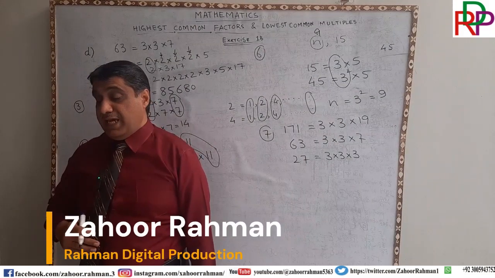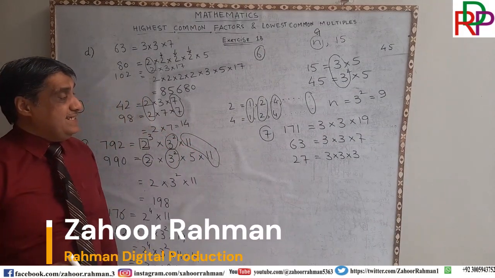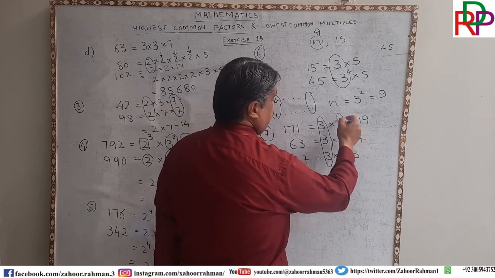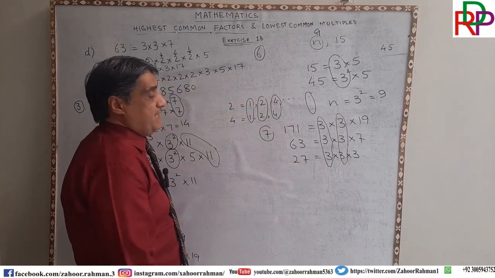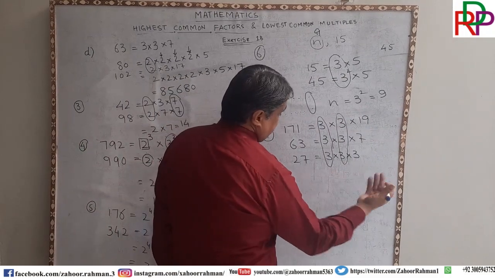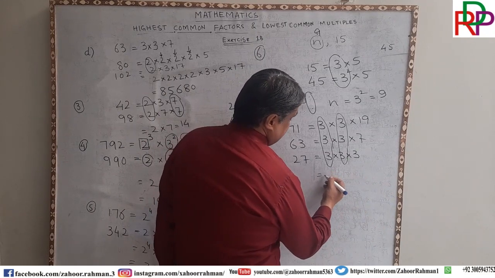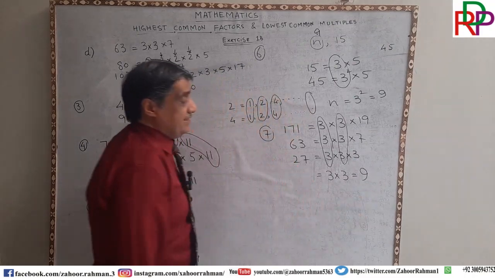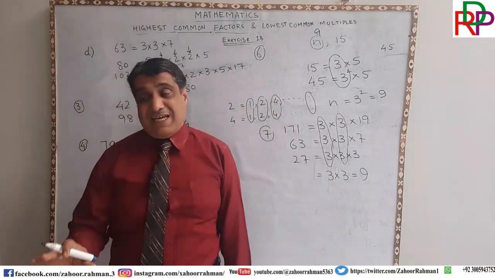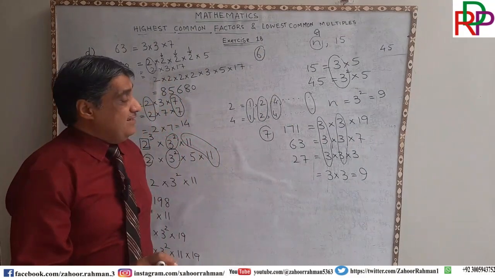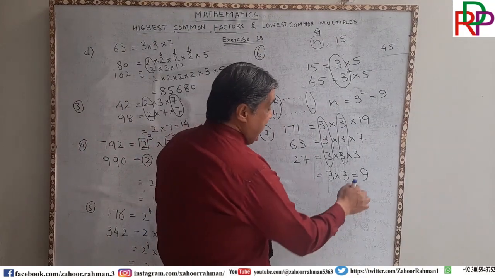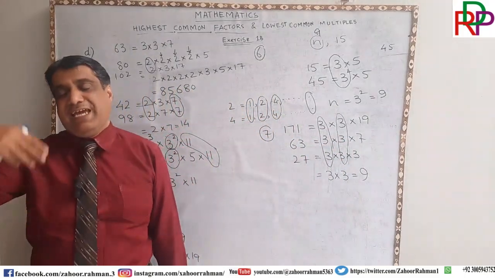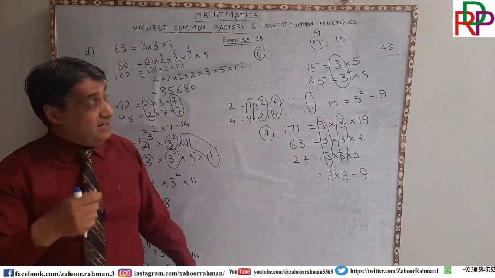Now we have to take the common factors, because we are finding the highest number of packs. So the highest common factor is equal to 3 into 3, which is 9. So this is the first answer: Huaxian can make 9 packs in which pencils, erasers, and pens are there from this data.